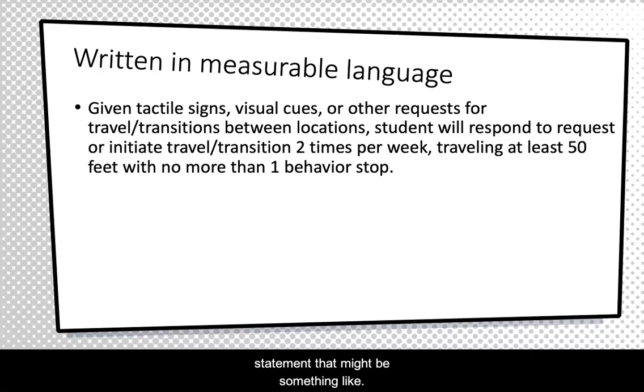That might be something like, because we need to say who will do what with what conditions, how well, or how frequently, that given tactile signs, visual cues, or other requests for travel and transitions between locations, and for the sake of this example, I'm just saying travel or transitions, but depending on the actual student, you would focus in on transitions versus travel. Between locations, the student will respond to a request or initiate their travel and transition 2 times per week, traveling at least 50 feet with no more than 1 behavior stop.